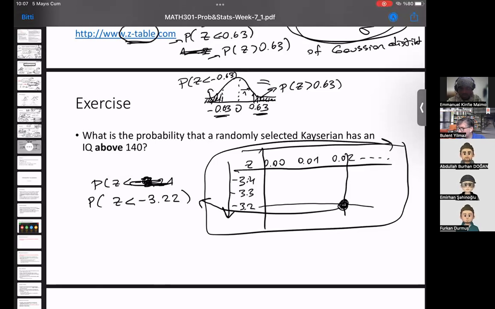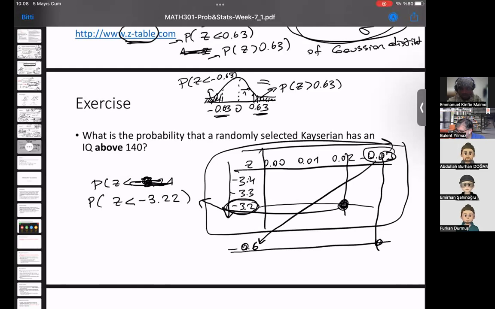How do you find a number? You start from here, minus 3.3 or 0.6, and you want to go to 0.03. So here is your number, 0.6, and put this next to it, 0.63.